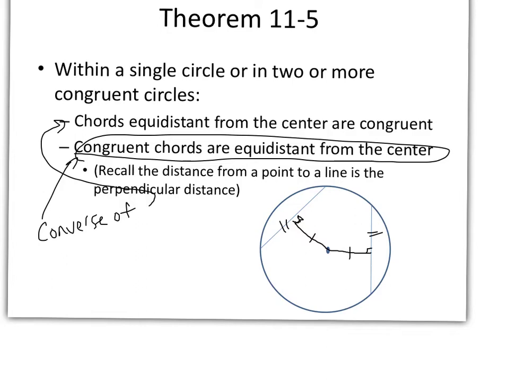So I hope that helps you. So with this theorem, we know that if we have congruent chords within a circle, they must be the same distance from the center. So that's going to help you when you're looking at different parts of the circle. If you recognize that relationship, it's one more piece of information that you can know about that circle and finding missing lengths.